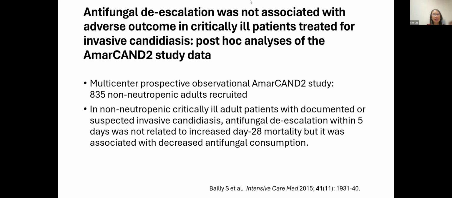Dr. Lily, the slides are not moving. Oh dear. Can you see now? Is it moving now? You're still stuck in the MR-CAN2 study data. Okay, I may have to log out and log in again.